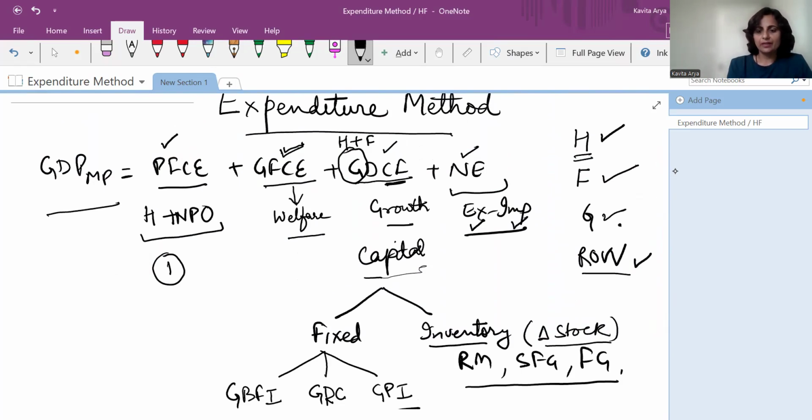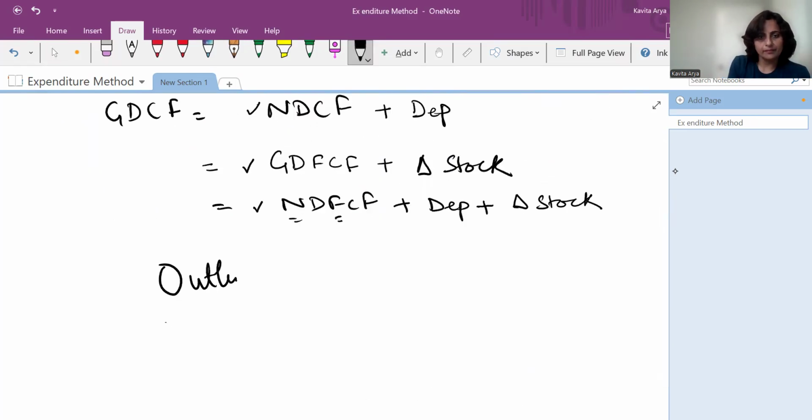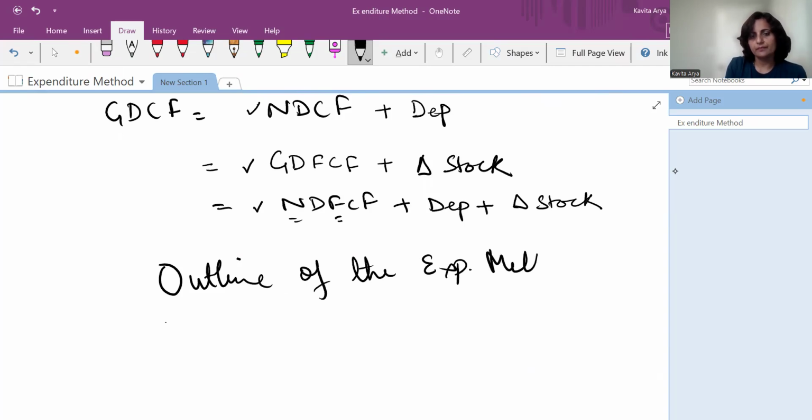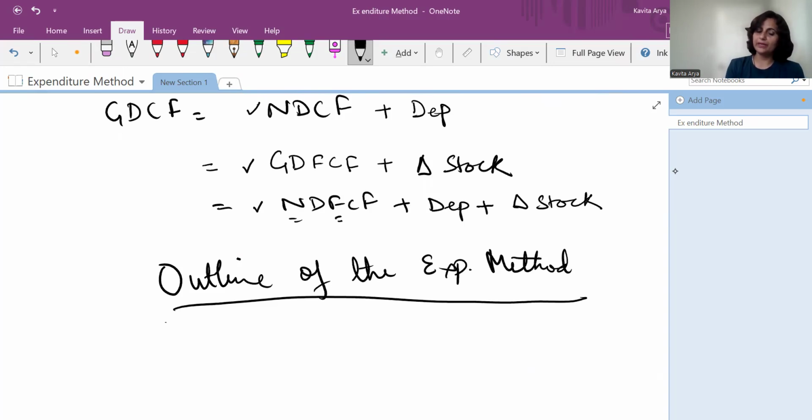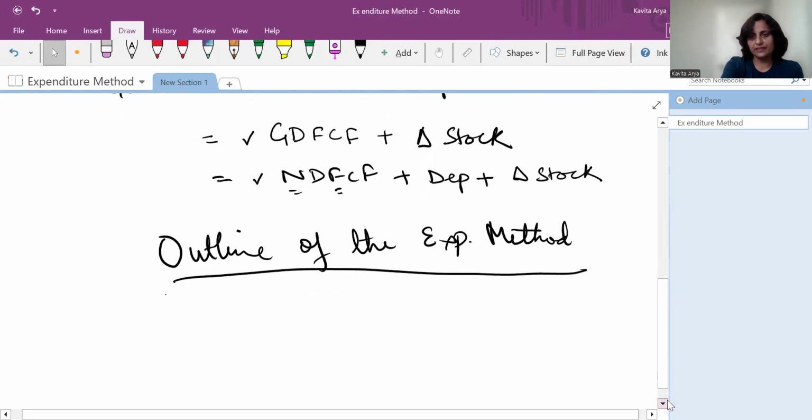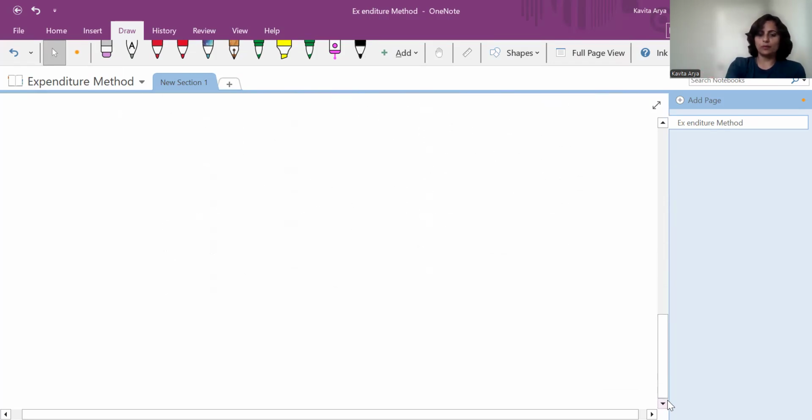So let's have the outline of this method now. Outline of the method. So what are the steps? This is a very important question from paper's perspective because it most often carries 4 steps and 4 marks. Let's begin.